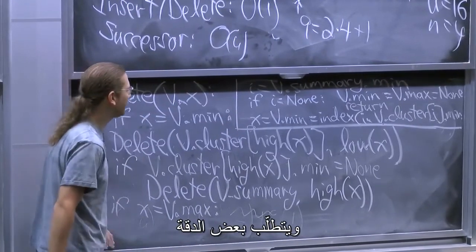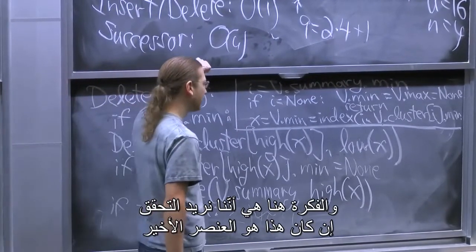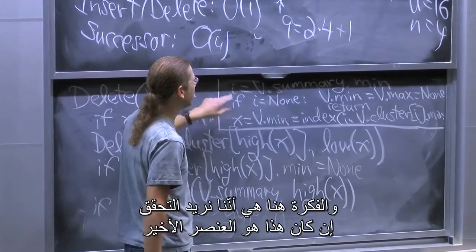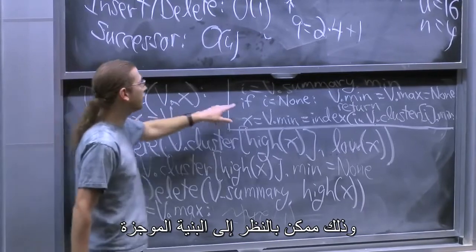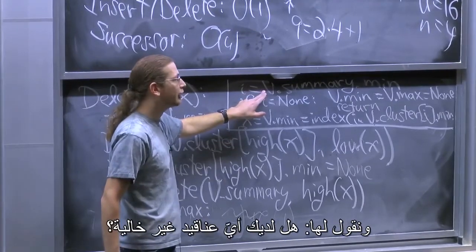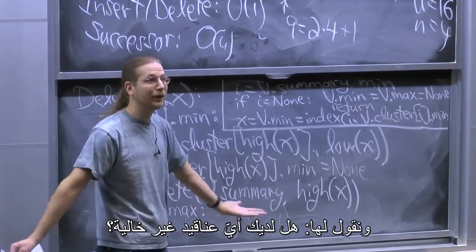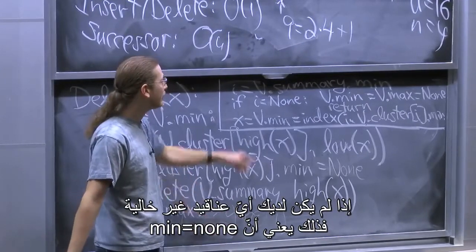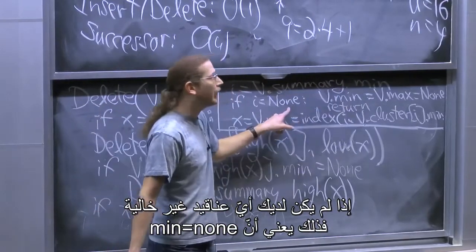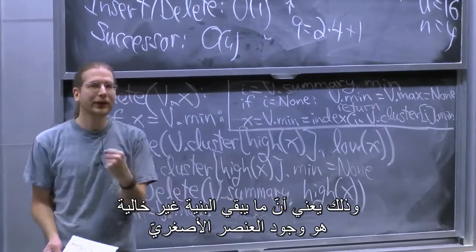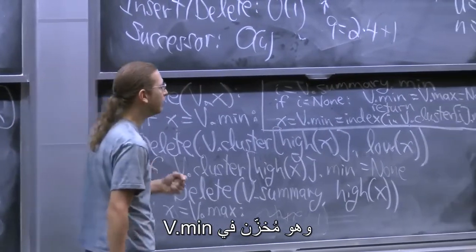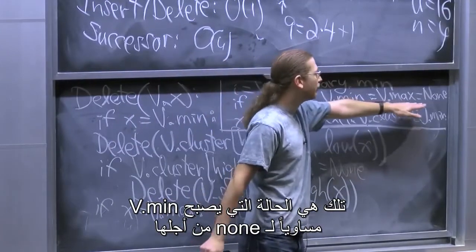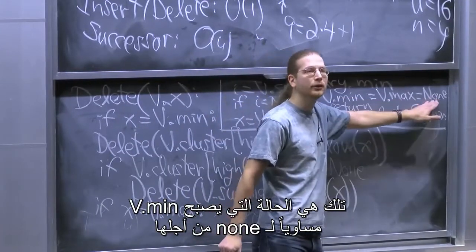It's a little bit subtle. But the key thing to check here is, is this the last item? One way to do that is to look at the summary structure and ask, do you have any non-empty clusters? If you don't have any non-empty clusters, that means your min is none. And that means the only thing keeping the structure non-empty is the minimum element that's stored in v.min. So in that case, that's the one situation when v.min becomes none.